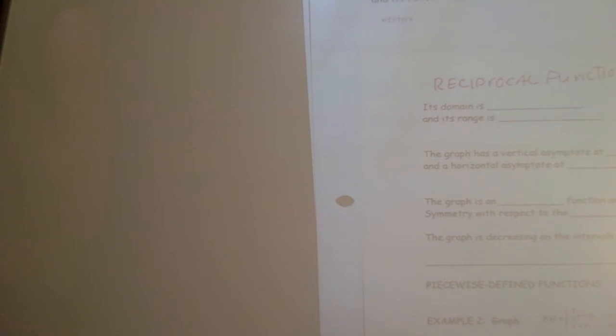My graph has really lost a lot. So this is a reciprocal we're going to do next. This is f of x equals 1 over x. Does yours have the xy coordinate here in it?